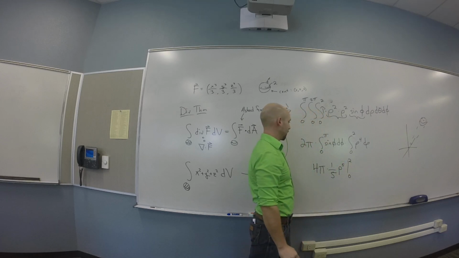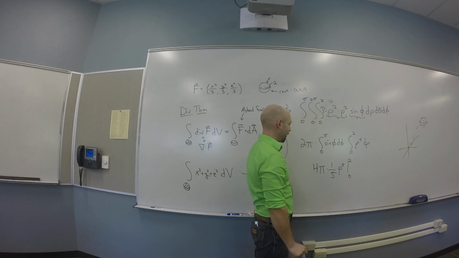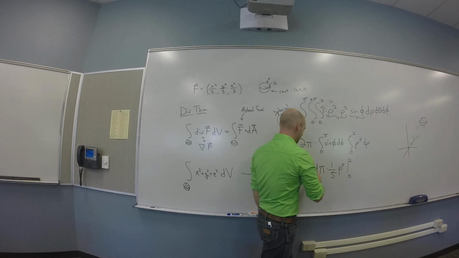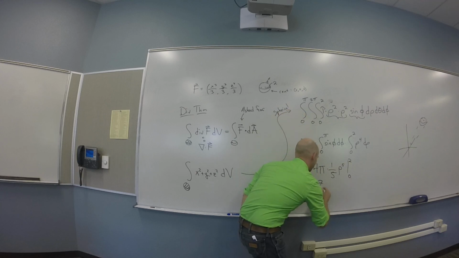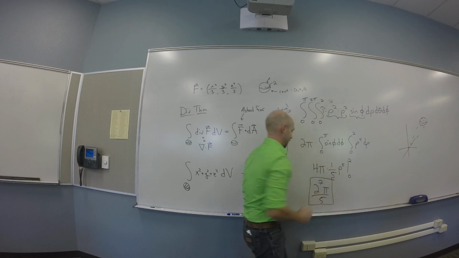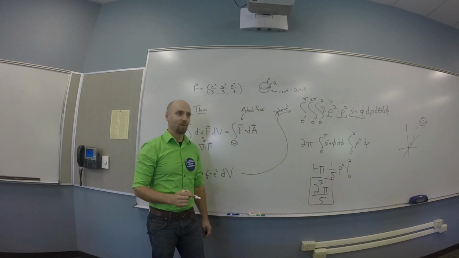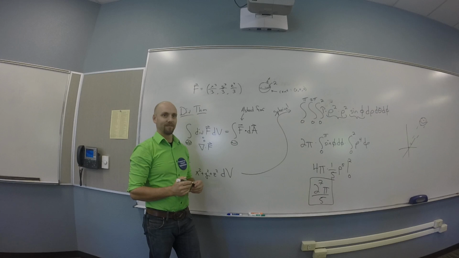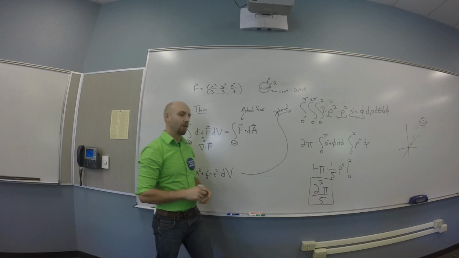That's 32. So I've got 2 to the 5th times 4, which is 2 to the 7th, so 128 pi over 5, which is whatever that is.